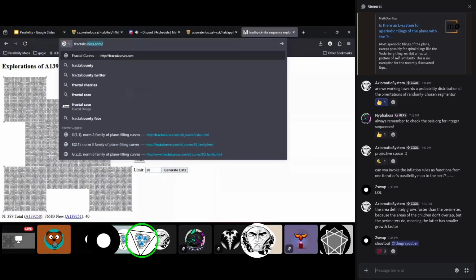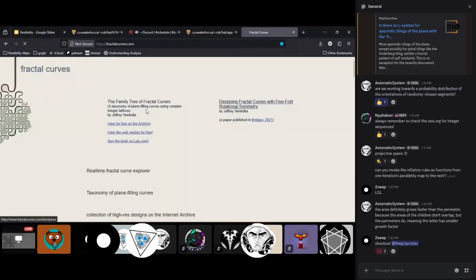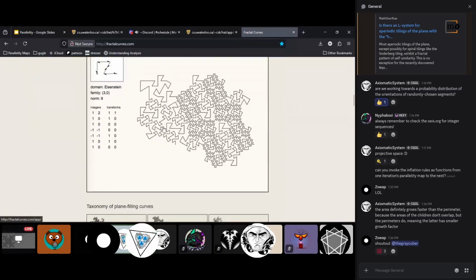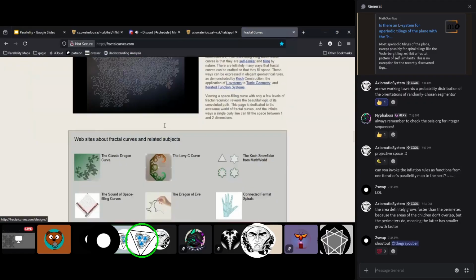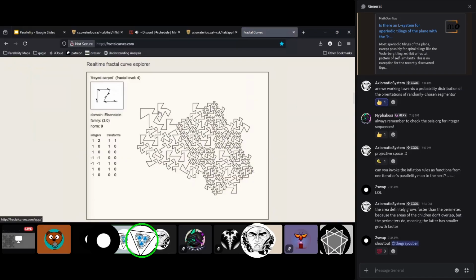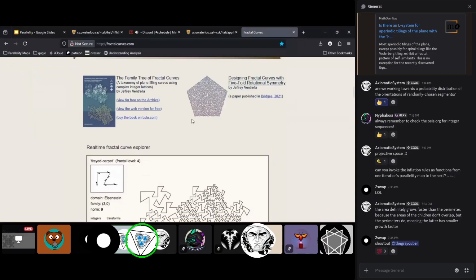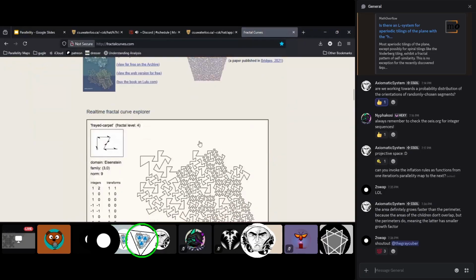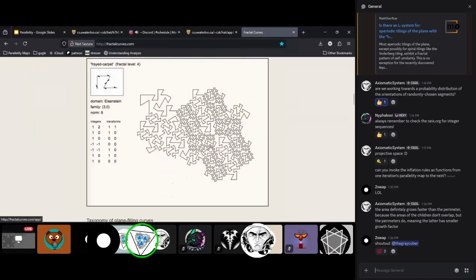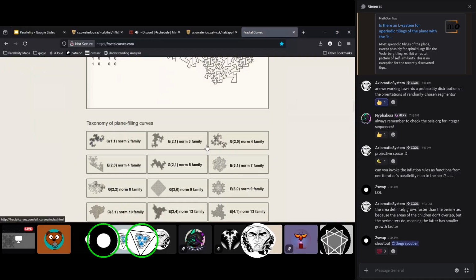Oh, I should go to the fractal curves. This was a cool website that I found. Some mathematician author wrote it, and I feel bad for not having remembered his name before I pulled up his website. But there are a lot of well-known sequences of generating curves and Lindenmayer systems, and there exists some parallelity map for all iterations of them.